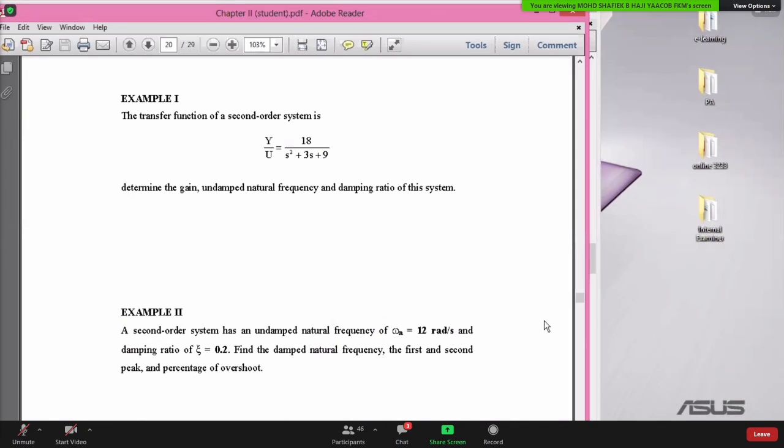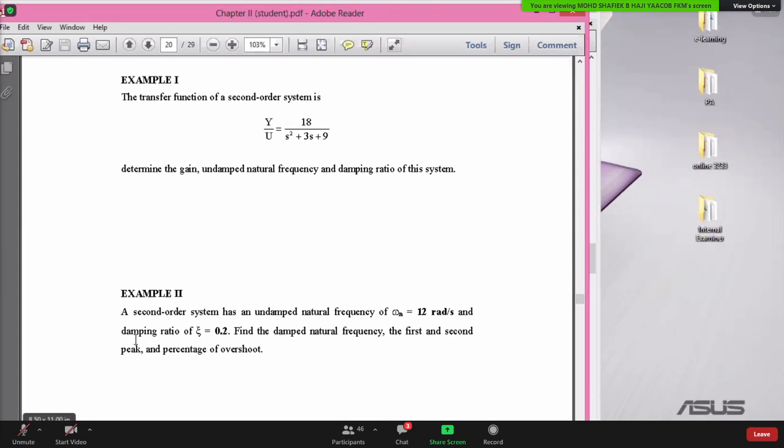Okay, so the next question, next example, example 2. It is given that a second order system has undamped natural frequency 12 radian per second, a damping ratio of 0.2. So find the damped natural frequency, the first and second peak, and percentage overshoot.